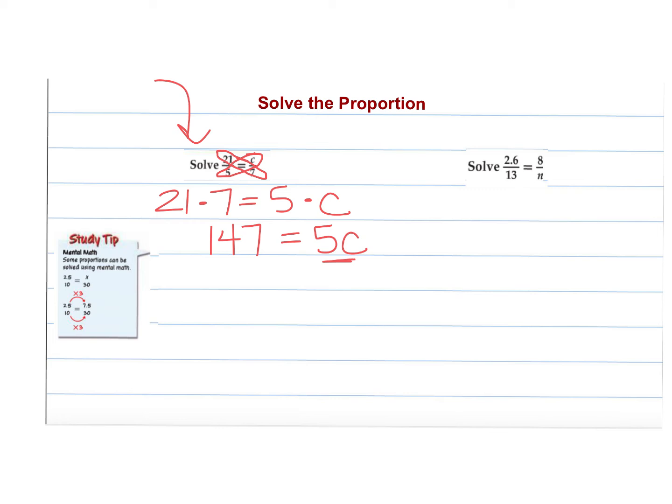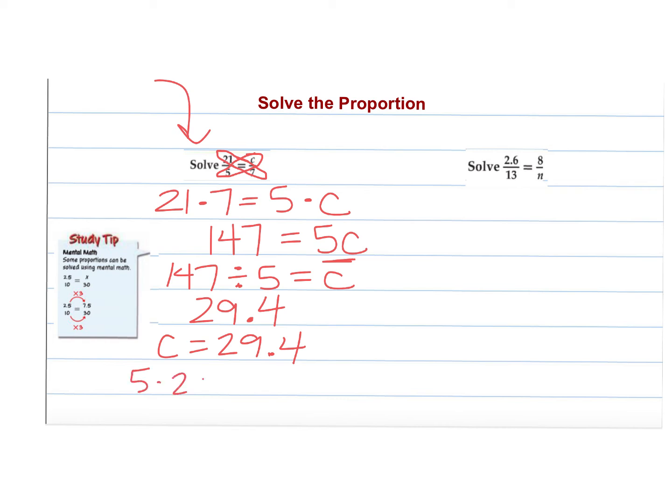So I can go backwards and do 147 divided by 5 equals C. 147 divided by 5 is 29 4/10, which means that C equals 29 4/10. Then we would check it: 5 times 29.4 gives 147, which equals the 21 times 7. Then we'll circle our answer.